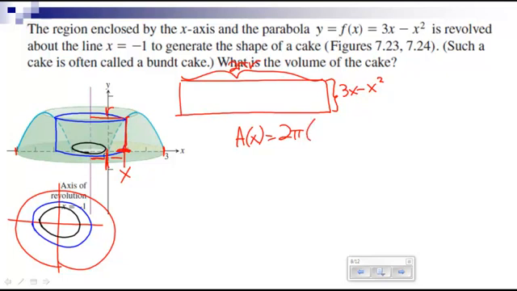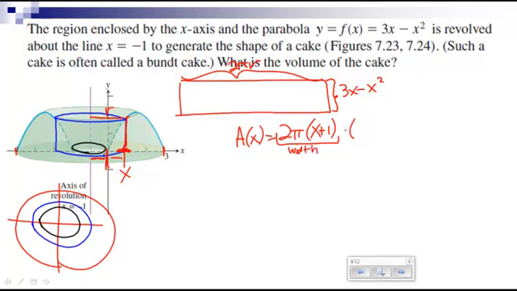My r distance is x plus 1. That is the distance of the center of rotation, from which the radius is measured, to an arbitrary value x in the middle of that one side of the cake. So there's that dimension. That's our width.